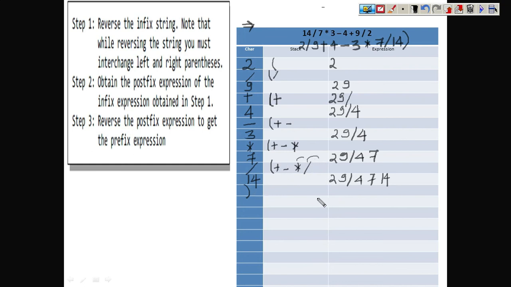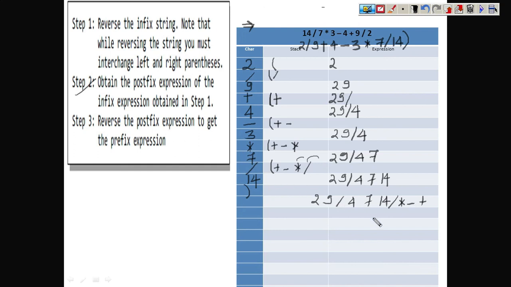So what will you get? You will get here 2, 9, divide, 4, 7, 14. Then you pop this, it comes divide, then multiply, then minus, then plus. And then finally we have finished step number 2, and then reverse the postfix expression.